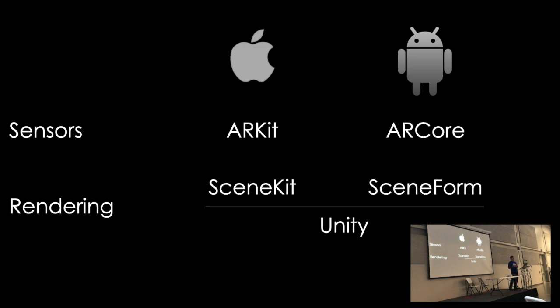That's been out since 2017, and more recently this year, Google came out with Android's answer to this, which is called ARCore. But it's worth remembering that both of these are solely about the sensors, right? It's just about that context.